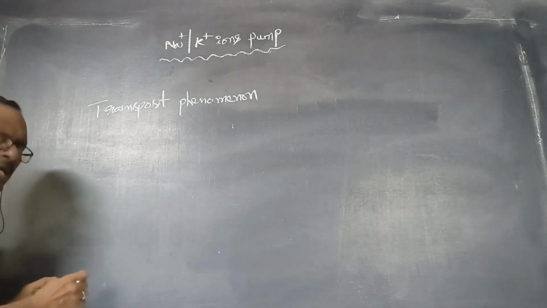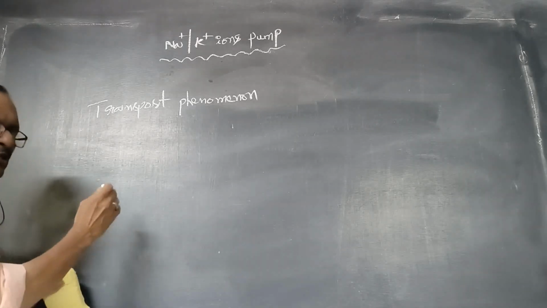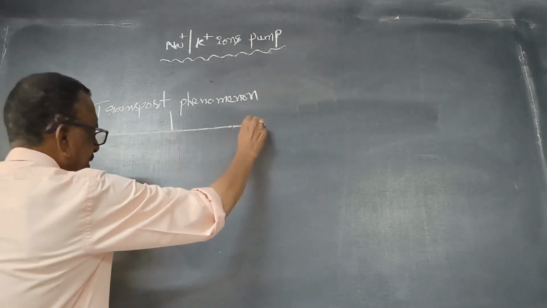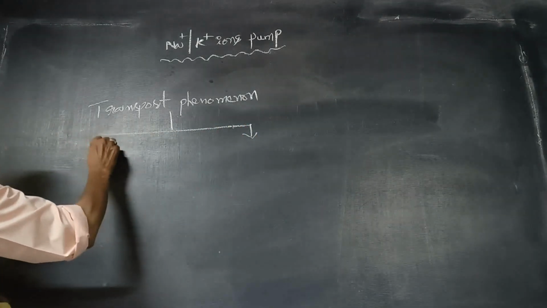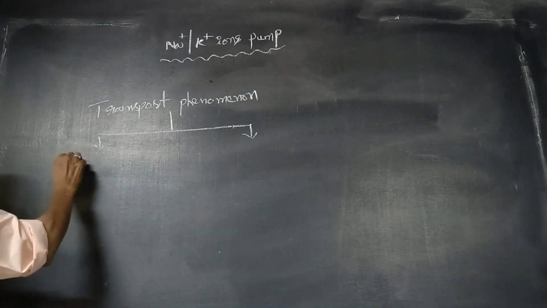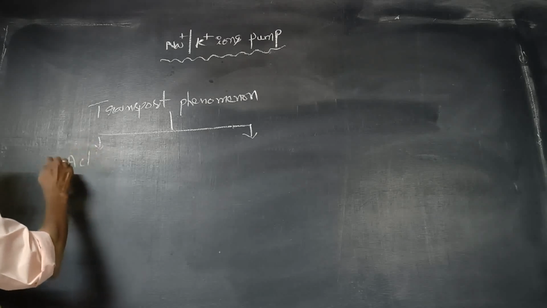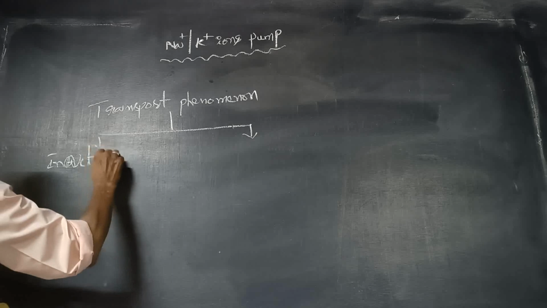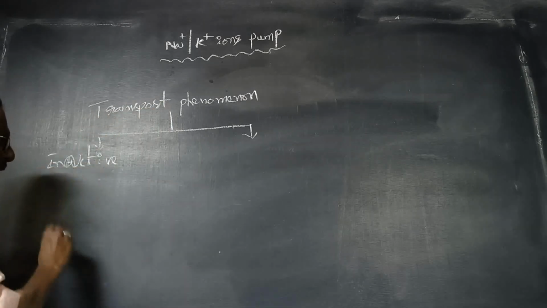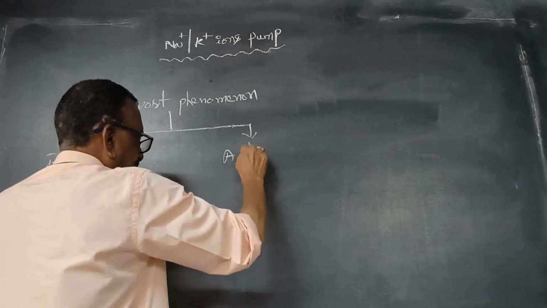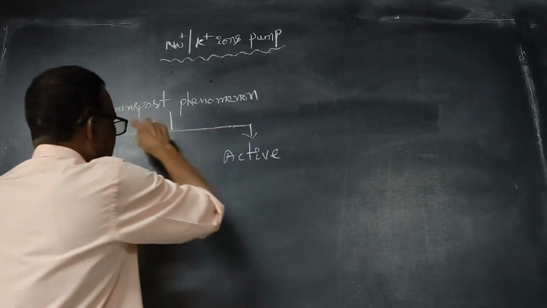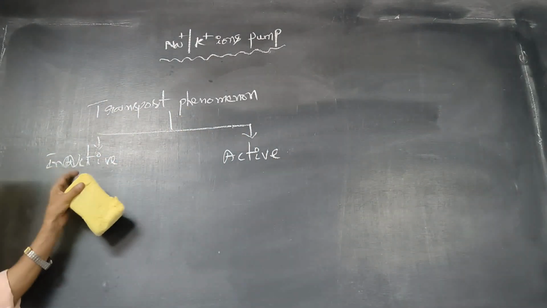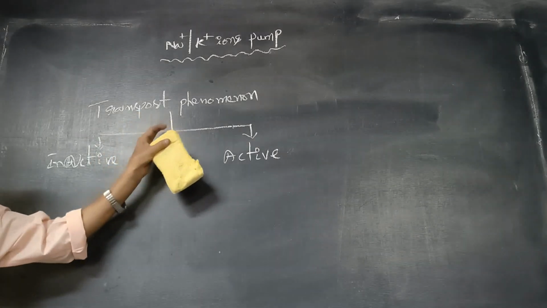We are moving ions from one place to another place. Generally, this transport phenomenon is classified into two categories. One is passive transport phenomenon and another one is active transport phenomenon. What is this passive transport phenomenon?